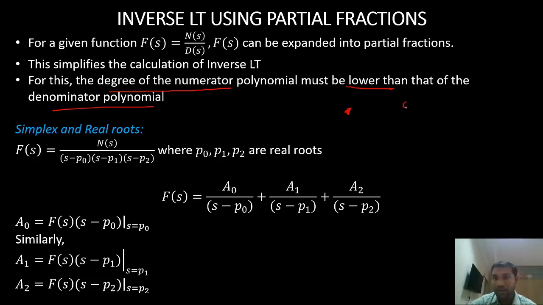If we have s divided by s square minus 2s plus 4, then we can apply partial fractions. But if we have s square or s cube in the numerator, the degree of the numerator is 3 and the degree of the denominator is 2. The numerator degree is greater than that of the denominator, so we can't apply partial fractions.